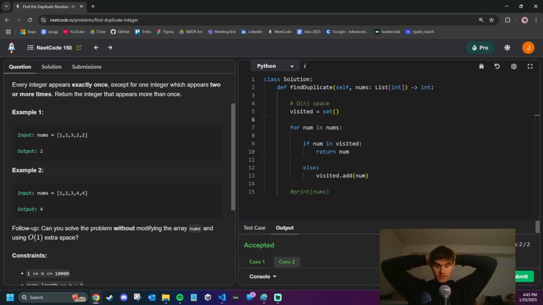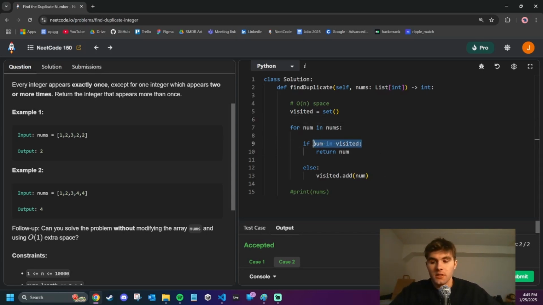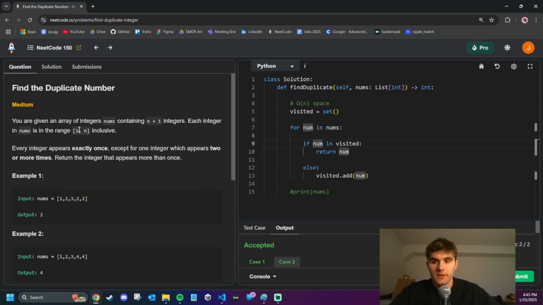So with constant space, we can't have a visited set. I think we should use the fact that every integer appears once. We might have to use equality somehow.